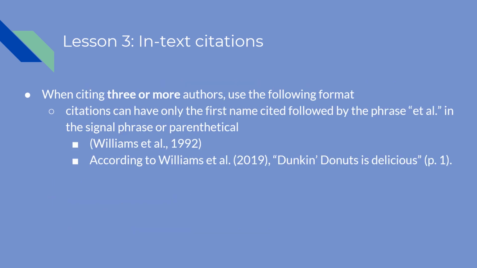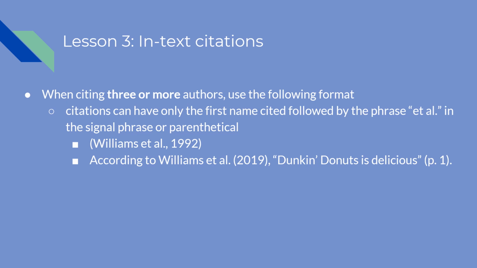If you have three or more authors in a source, you use the following format. So you would only have the first author's last name followed by the phrase et al. Et al. has a period after it, and then you would put a comma and then the year.